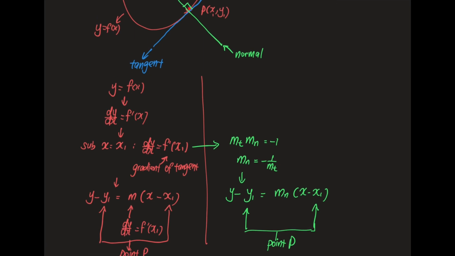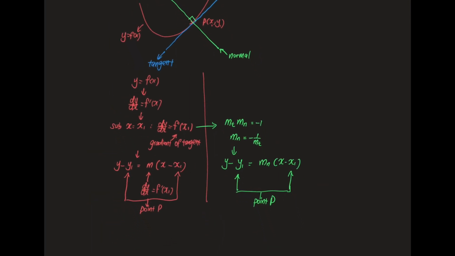As you can see, point P is the point where the normal passes through. So you substitute point P into x1, y1. The gradient of normal is what we found from the perpendicular formula.